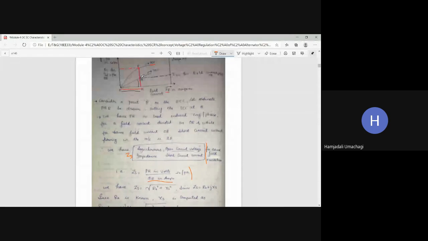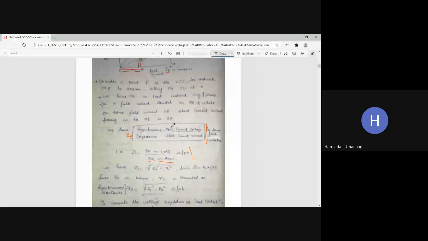You have to consider the ZS value in this way only.